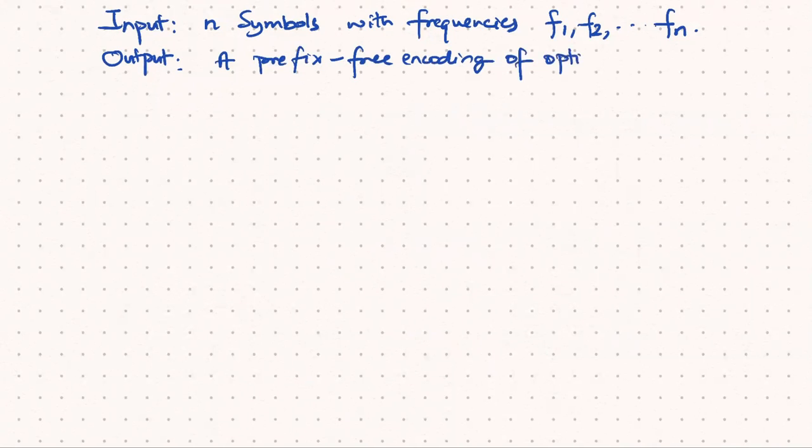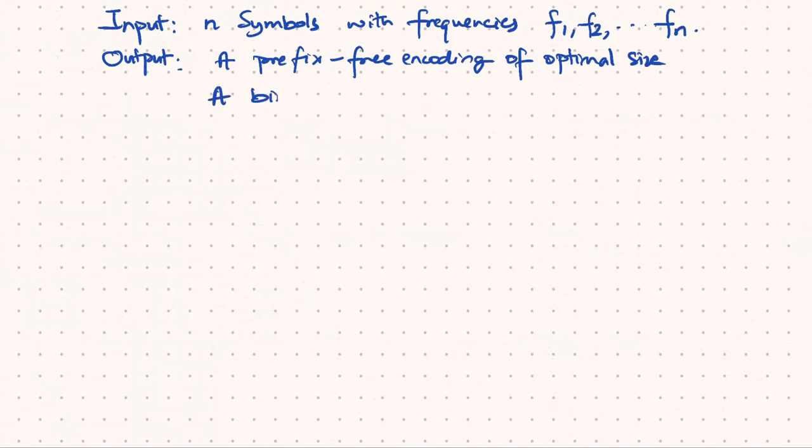This is not very precise. We want a prefix free encoding of optimal size, and what we mean by that is that the file size that we calculated initially has to be the least. So we can try and write this in terms of what we have just developed.